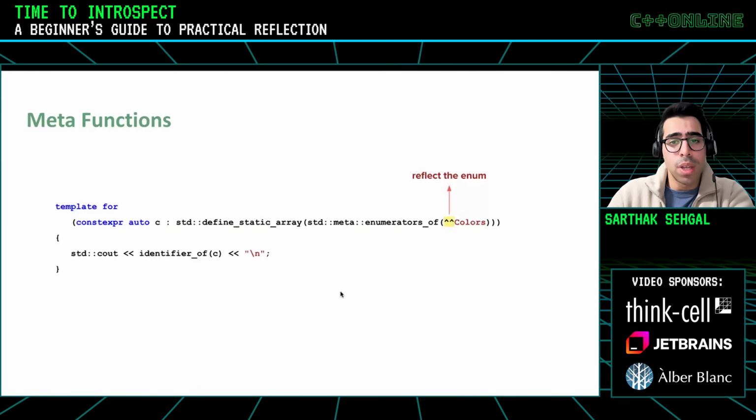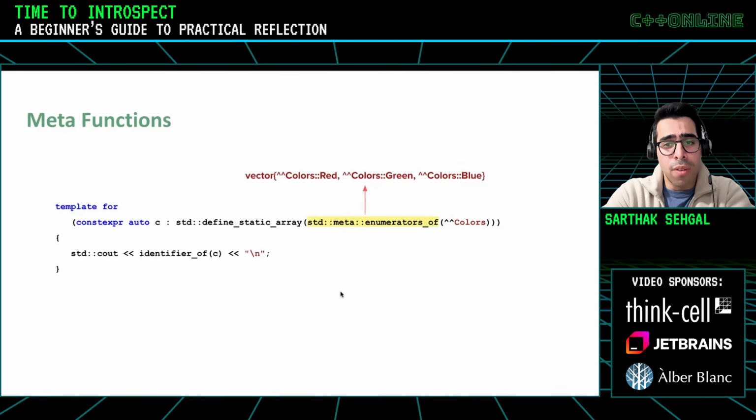In particular, the std::meta::enumerators_of function. This returns a list of reflections for each of the elements in this enum. So what this returns is a list of each element, but not the element itself. It's a reflection to each element. That is an important distinction to make.